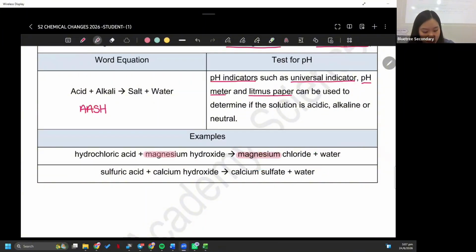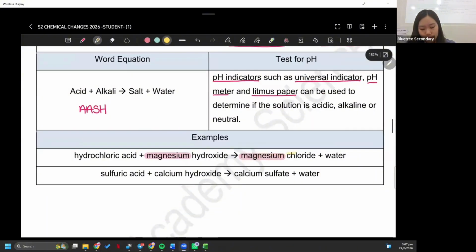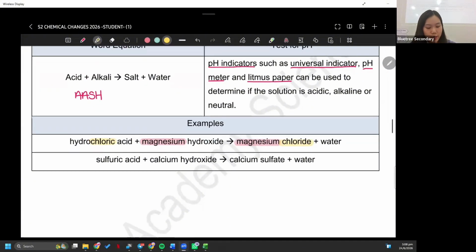Magnesium comes from magnesium hydroxide, then chloride comes from hydrochloric acid. Below, sulfuric acid plus calcium hydroxide gives you calcium sulfate and water.